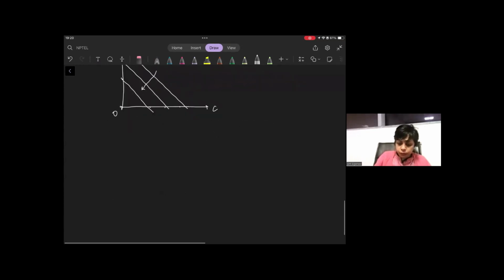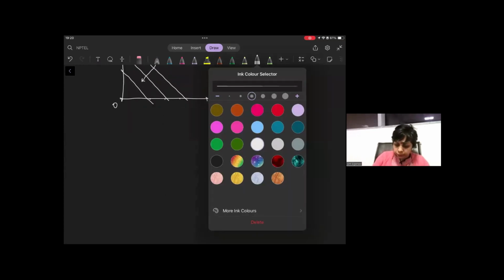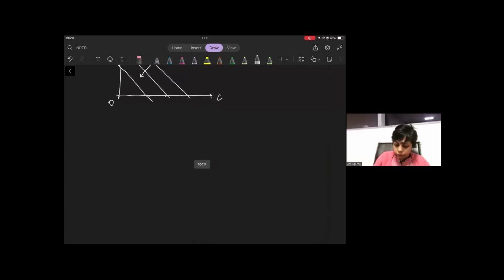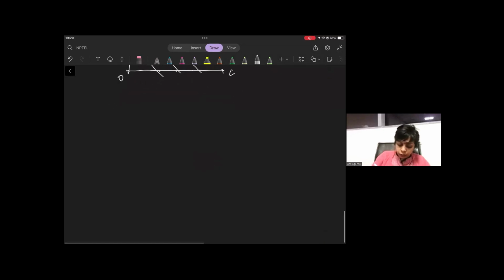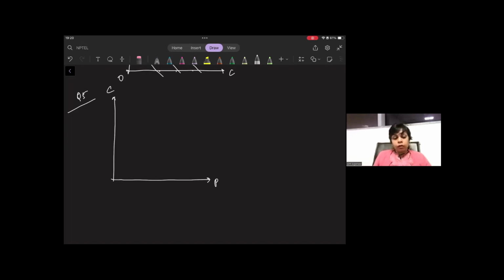This is question number 5, right? So this is pizza and this is Coke. And like I said, this is the direction of increase of utility with pizza, and this is the direction of increase of utility for Coke.